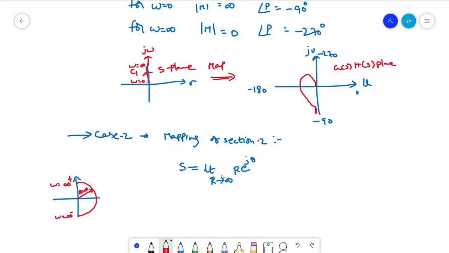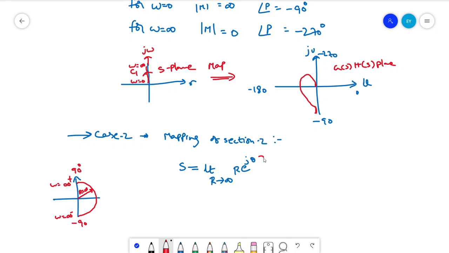Therefore, if you select any point in between on this right half of the S plane, this condition will be satisfied. So what is the angle here? This is 90 degrees, and this is minus 90.